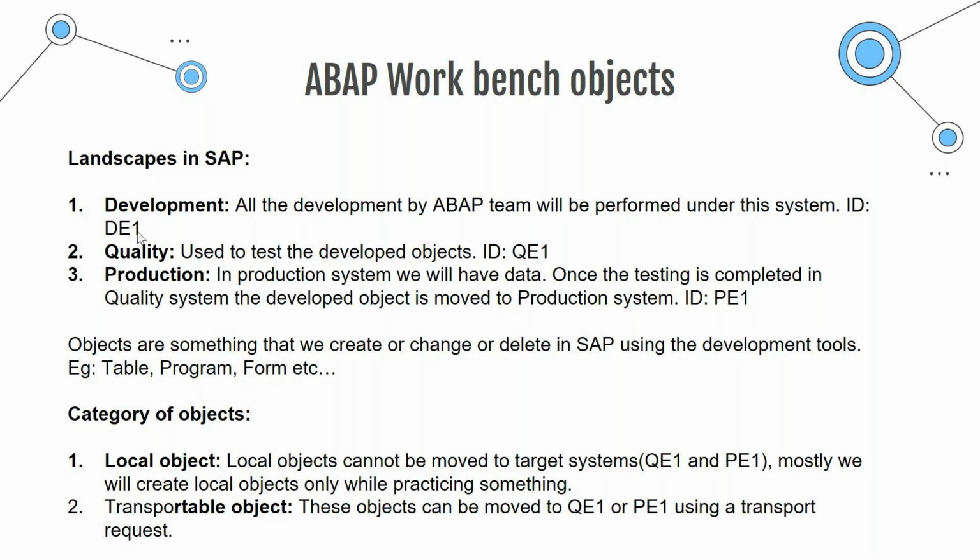Once you complete the development work, we have to transport the development from DE1 to the quality system, QE1. Your functional team will perform testing in the quality system as per the requirement.